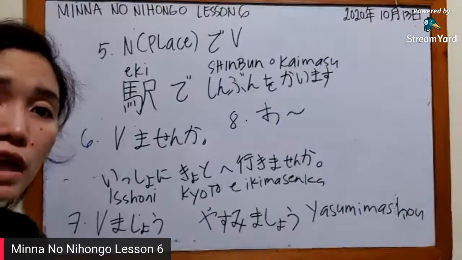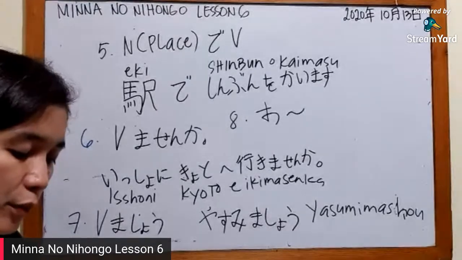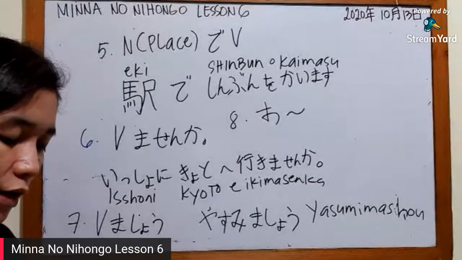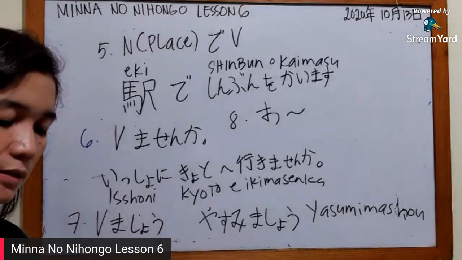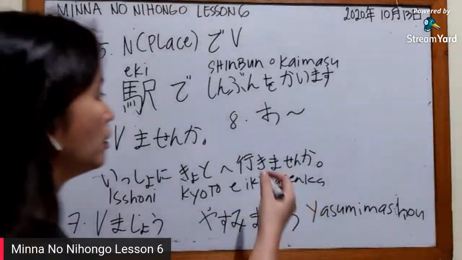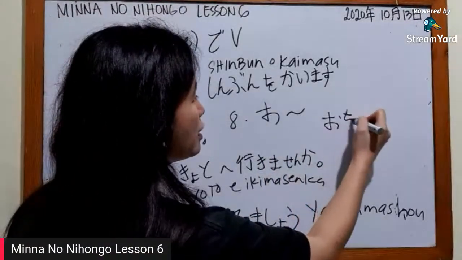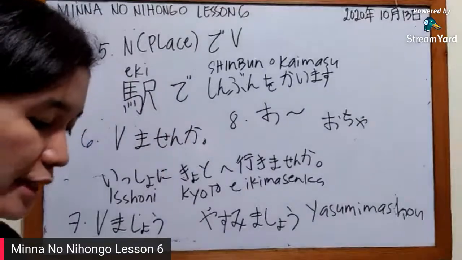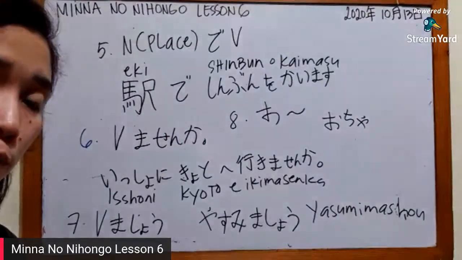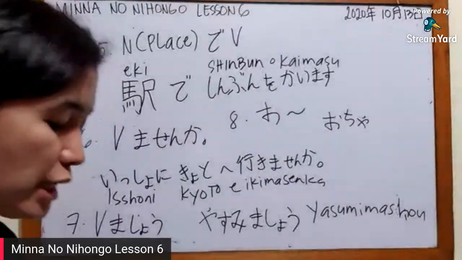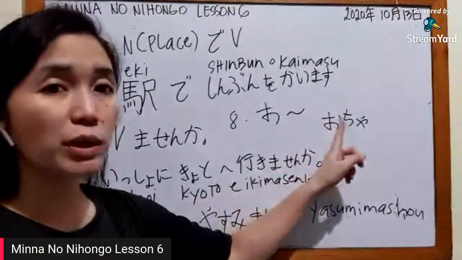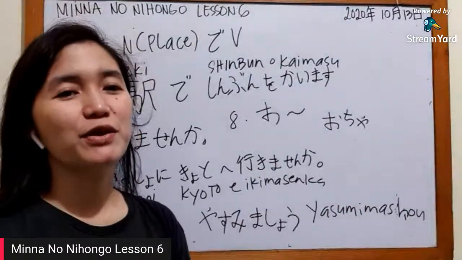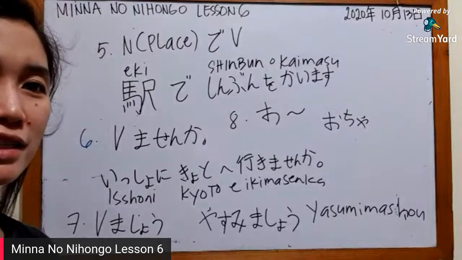But there are also some words that are usually used with o, without the meaning of respect or politeness. For example, ocha. It doesn't mean anything polite. It doesn't have a meaning of respect or politeness, but it is usually used with o, ocha, not cha. They will not understand you if you just say cha.